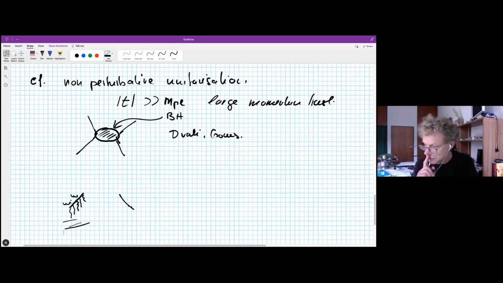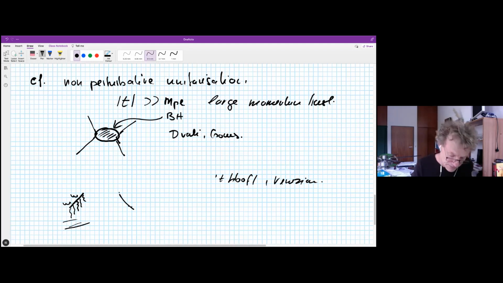This goes back to work by 't Hooft, I think in the 70s, Veneziano, where you have shock waves. These are very special configurations where you have a shock wave, which is precisely that, a very energetic particle which deforms space-time, and then the second particle scatters in this background.